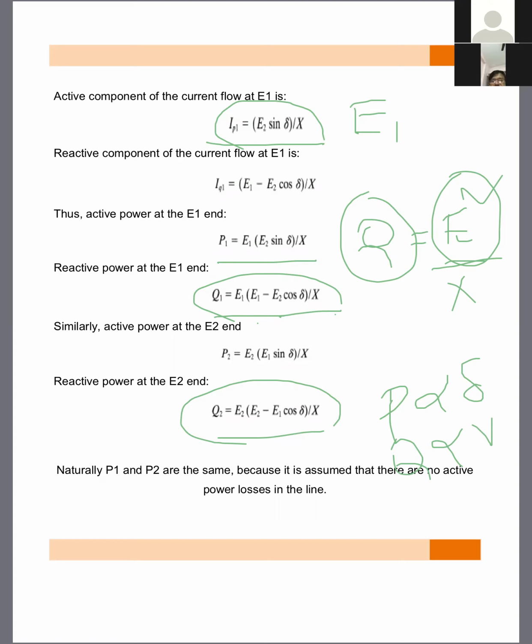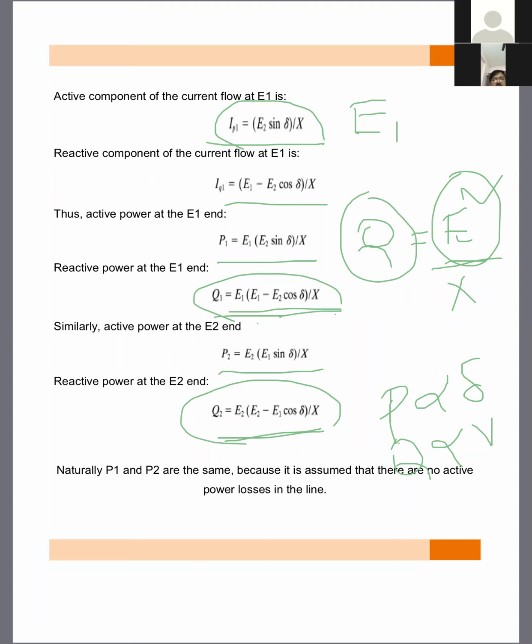If you observe the reactive power at the end E1, it is simply E1 into IQ1. How is IQ1 calculated from the phasor diagram? Reactive power at the two ends is calculated, and real powers we can calculate too. They are equal: E1 E2 by X into sine delta.